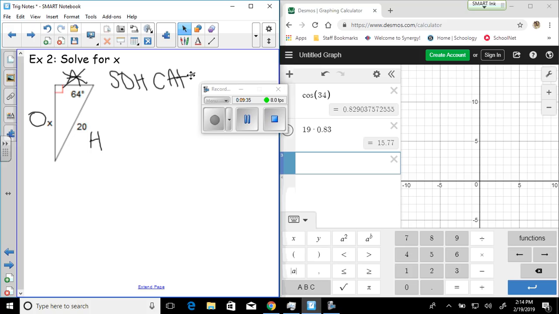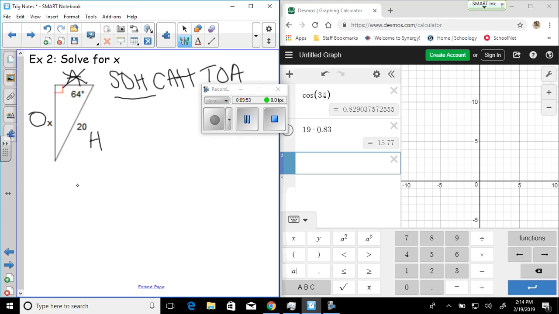I'm sorry, the pen is not working. Okay, so now we know we have an O and an H, so we're going to be using sine.